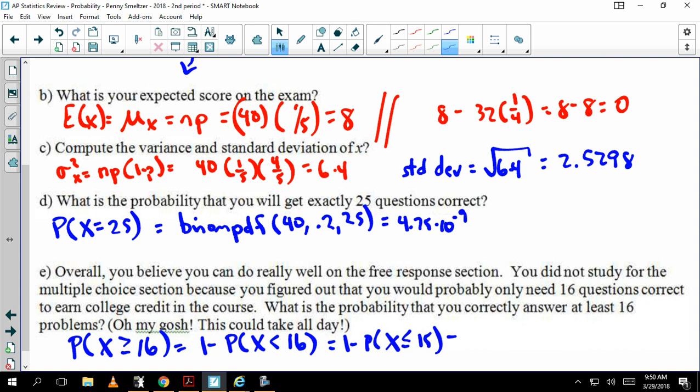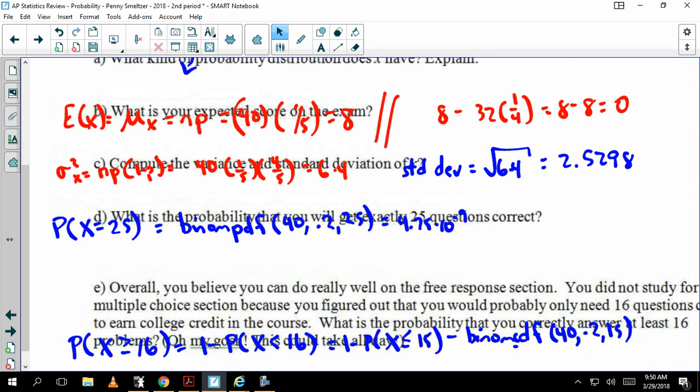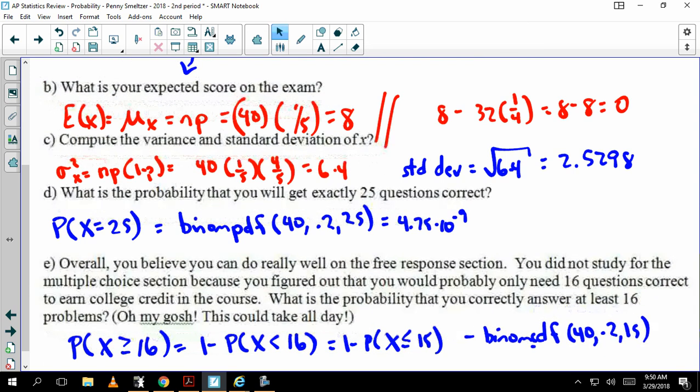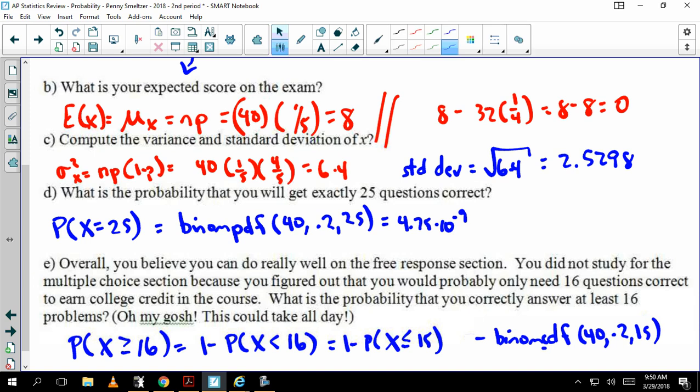And so now this is where I use the binomial CDF function, binomcdf(n, p, x). I needed an equal sign in here. Whoops. One minus that.